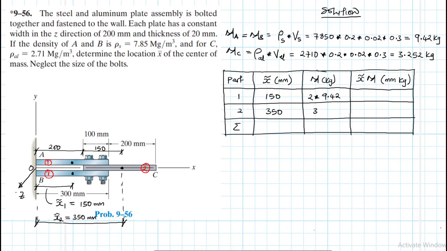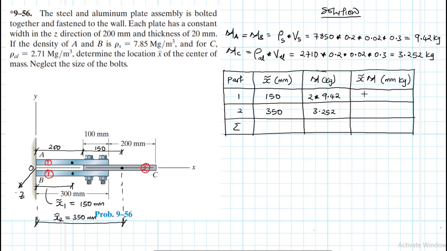So this mass is just 3.252, and then let's get the products. 150 by 2 by 9.42.